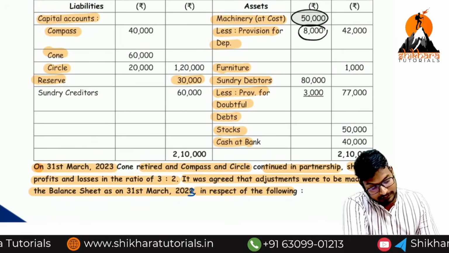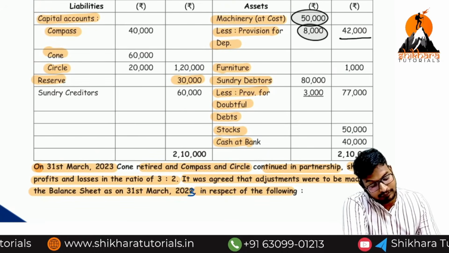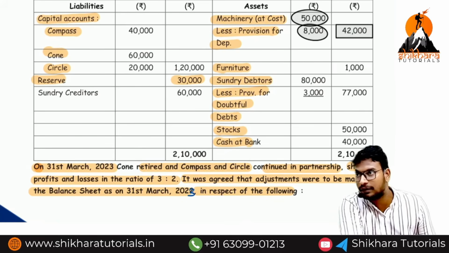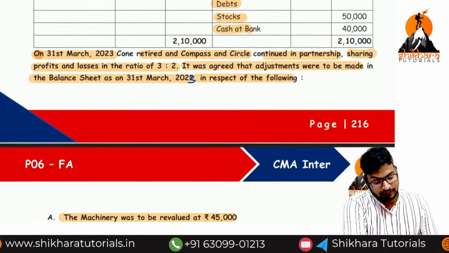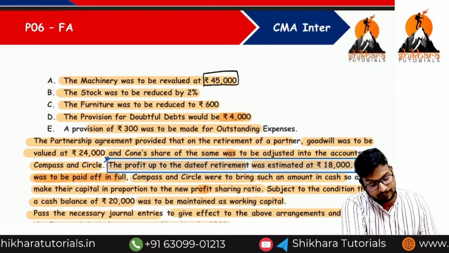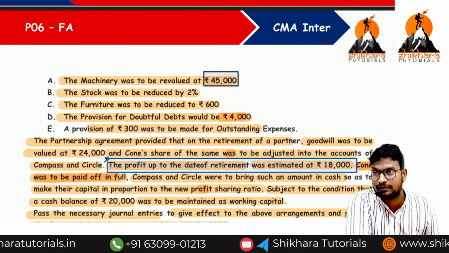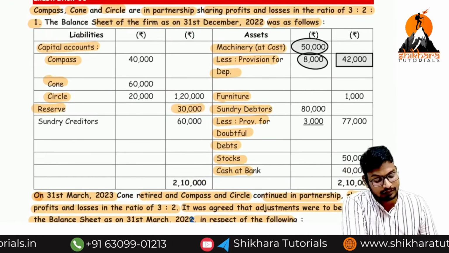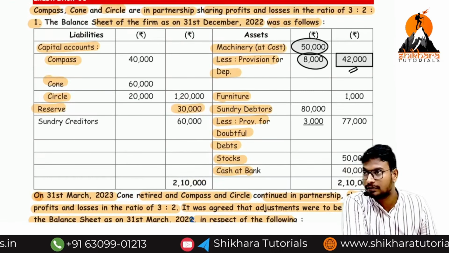How much, amma? 8,000. So what is the net book value? 42,000. So ultimately we are having the book value of only 42,000. But we are going to revalue it. How much, amma? 45,000. Upward revaluation or downward revaluation? Upward revaluation. So presently our book value is how much, amma? 42,000.